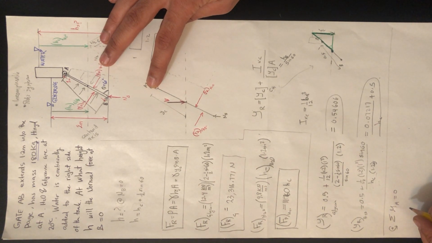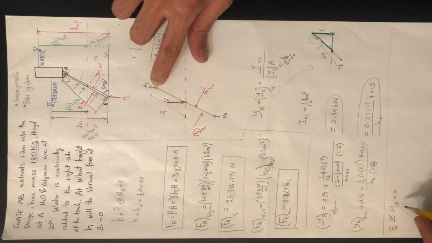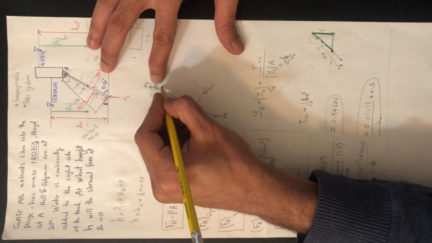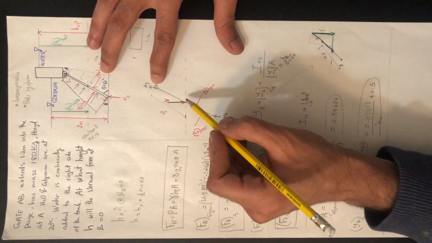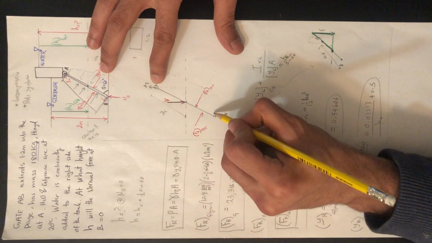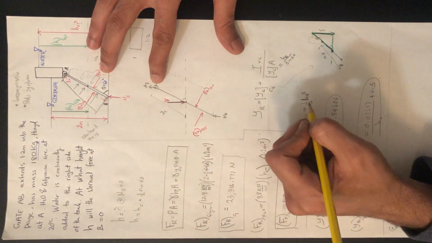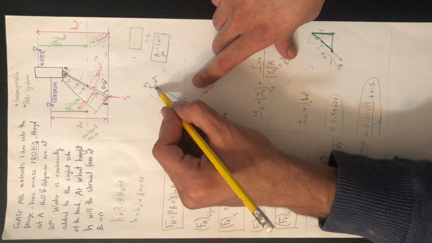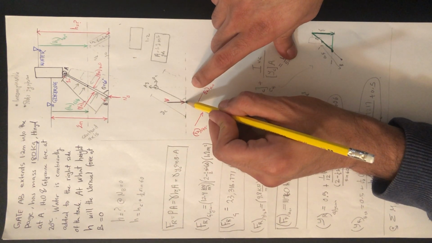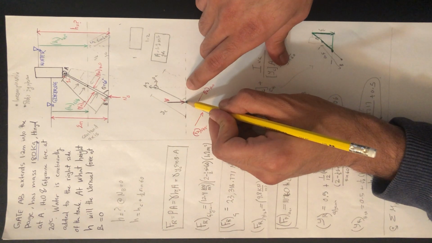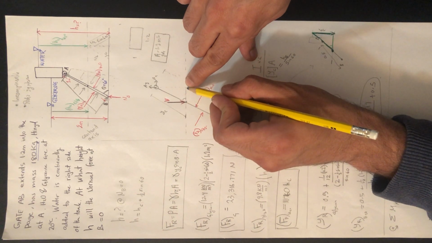And our weight will have a perpendicular distance from point A of half cosine 60. We know this angle is 60 degrees. We know this whole gate length is 1 meter. So the centroid, it's one half. That makes this 1/2 cosine 60.